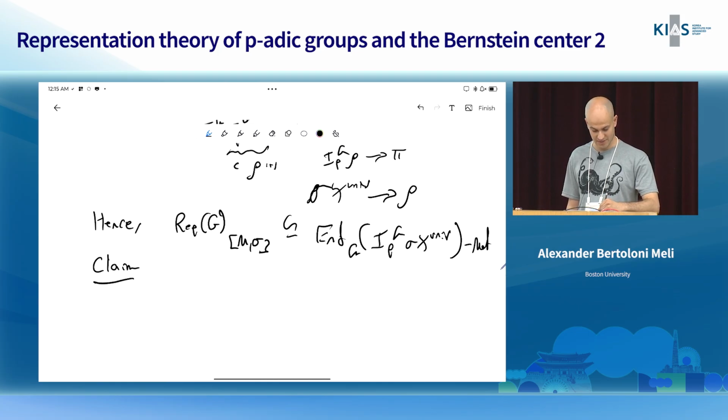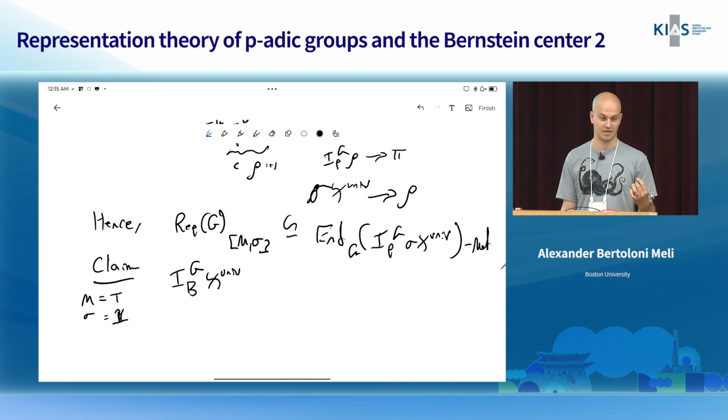The claim is that in this case, so now I'm reducing to a specific case, I want to consider M a torus, sigma trivial, and I want to fix an Iwahori subgroup.